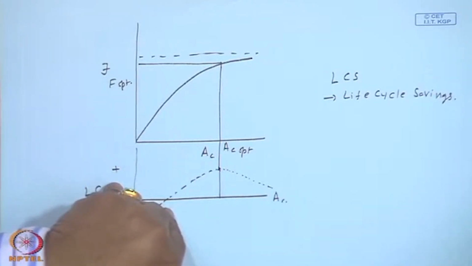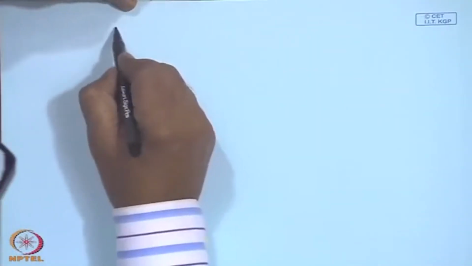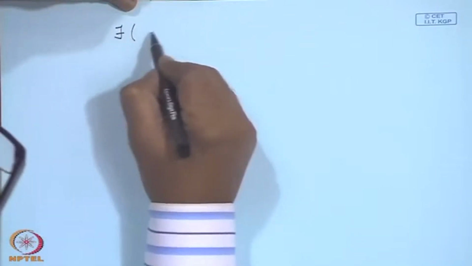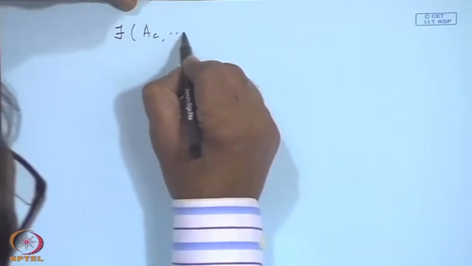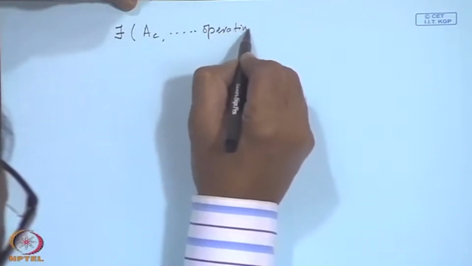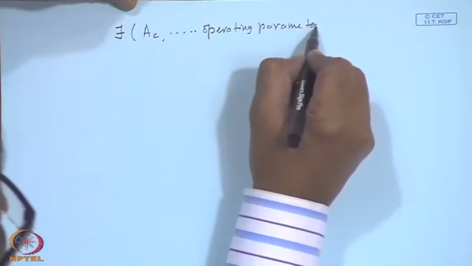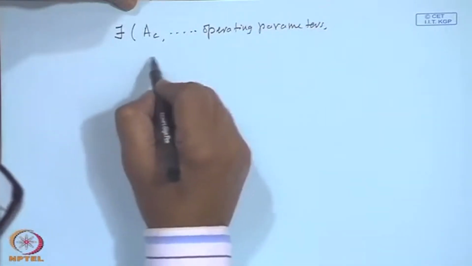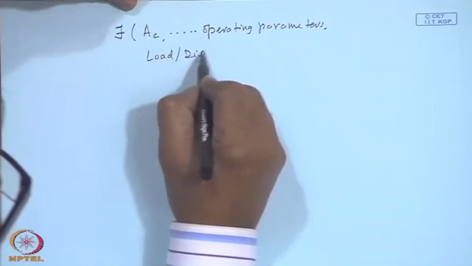Why I had to get into this economics a little bit here is, we need this F, which will be a function of the area mainly, and other parameters like operating parameters, plus your load and the distribution.